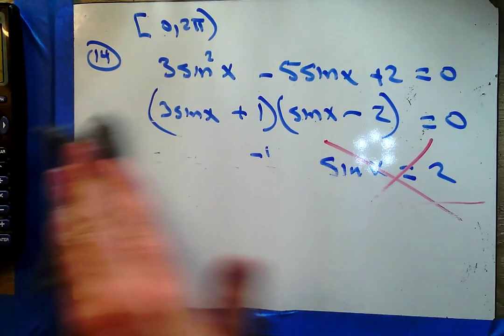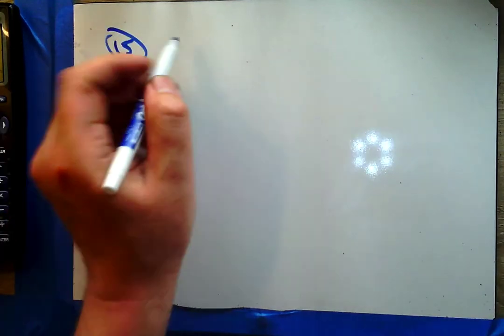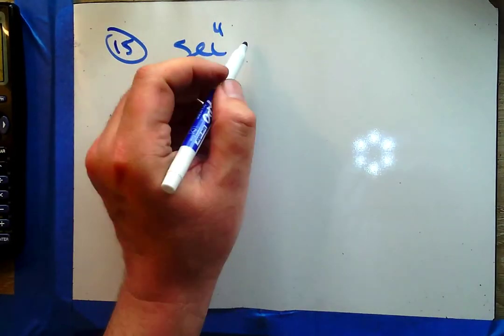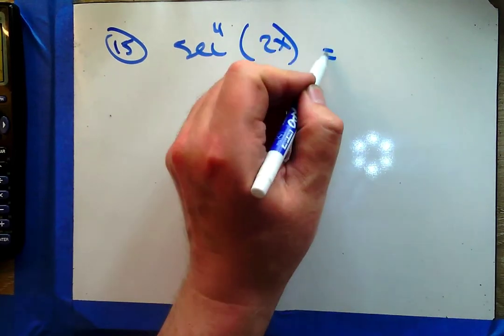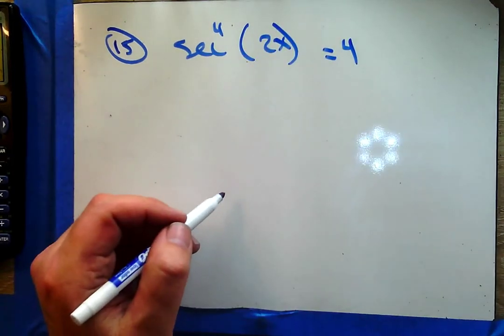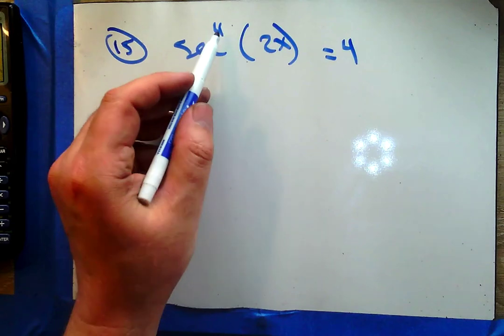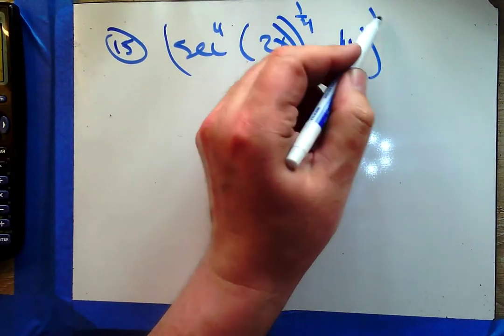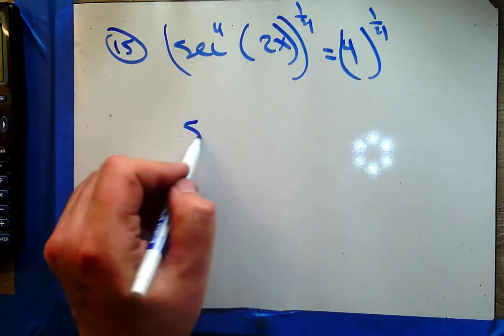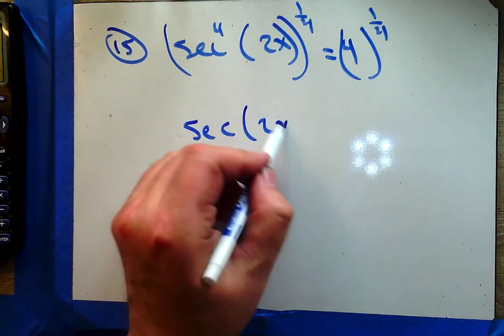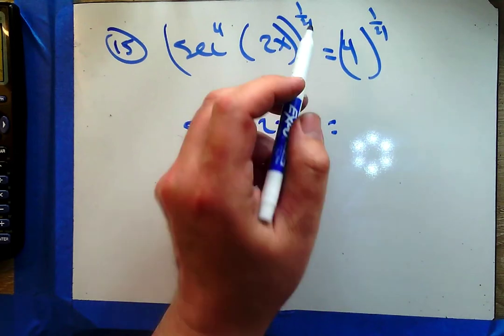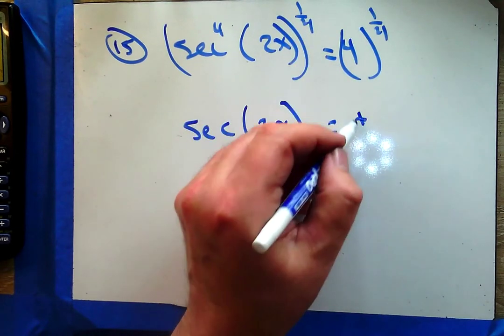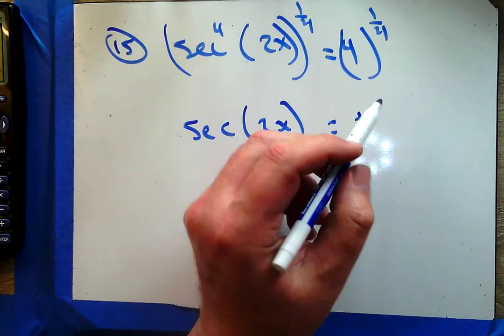Okay, what about 15? Ooh, there's a 2x. So 15 says secant to the fourth 2x equals 4. Okay, so the first thing I need to do is take the fourth root of each side. And when I take the fourth root of each side, this is pretty straightforward, but over here, because I took the even root of both sides, don't forget the plus or minus.